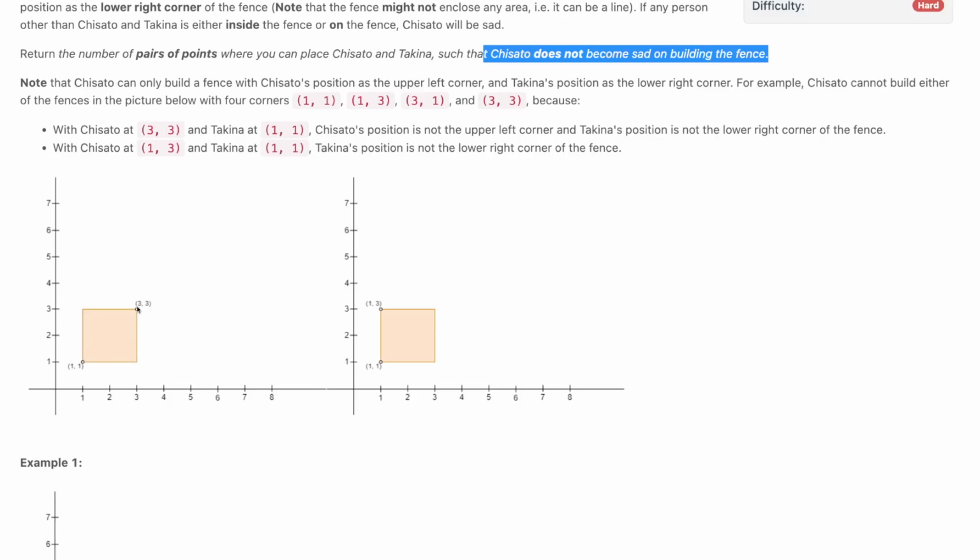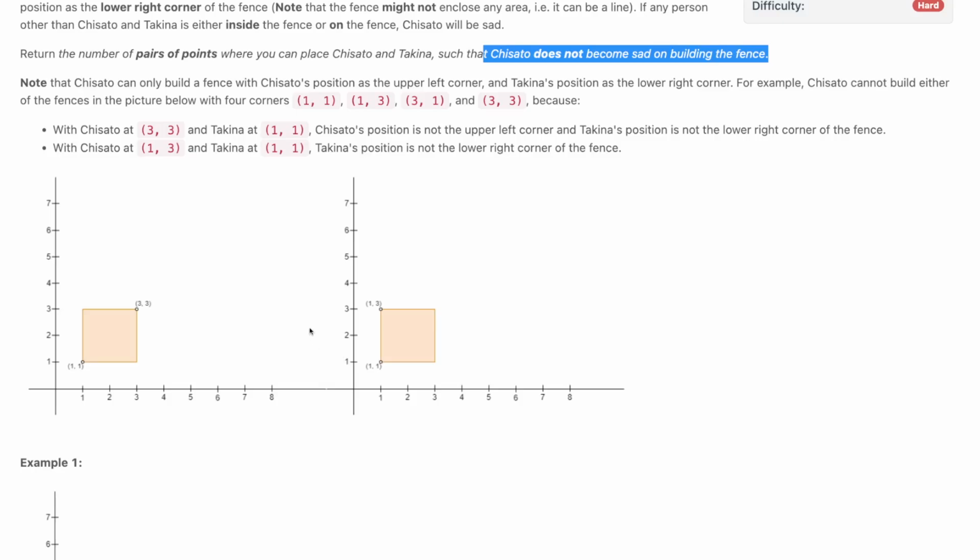So in this case, if Chisato is here and Takina is here, the first condition itself is not satisfied. Chisato is not at the top left corner. If you place Chisato, let's say at top left corner, and Takina is also not at bottom right, Takina is at 1 1, then also this is not a scenario where Chisato will be happy.